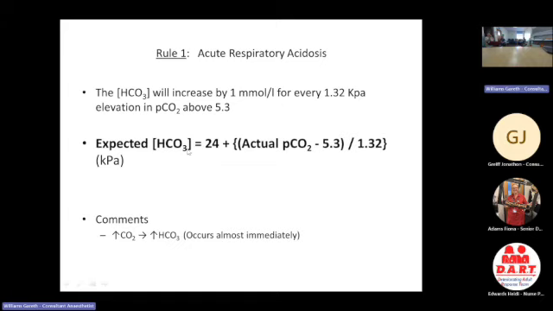Your expected bicarb will equal 24, which is what the normal bicarb would be, plus your actual measured CO2 minus 5.3 divided by 1.32. That will then tell you the amount of compensation you should expect to see. Don't worry about the maths, but that's the equation you can use. You see this happen quite quickly. Bicarbonate will increase quite quickly in acute respiratory acidosis.